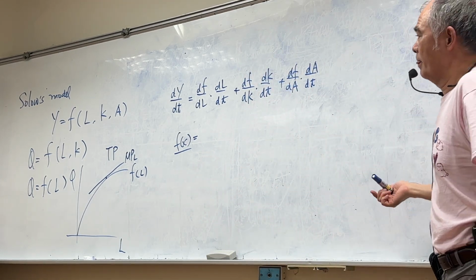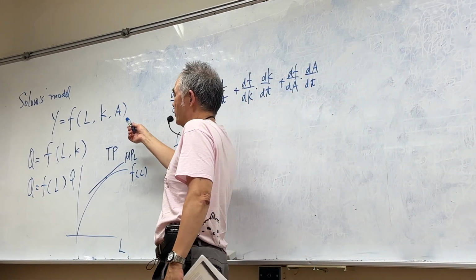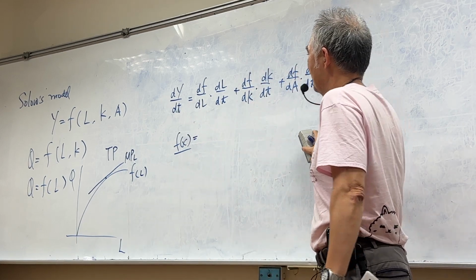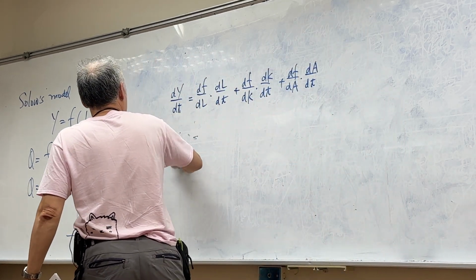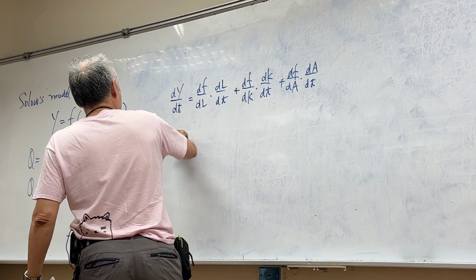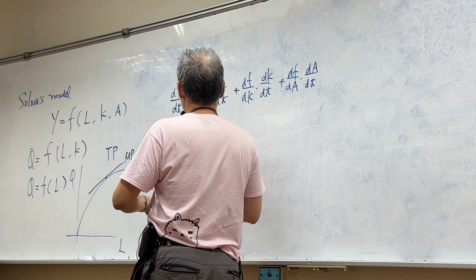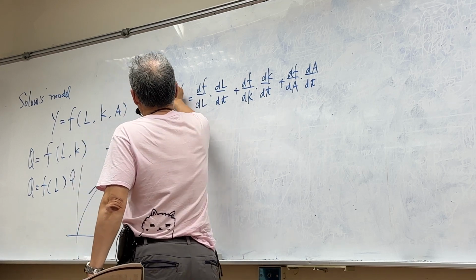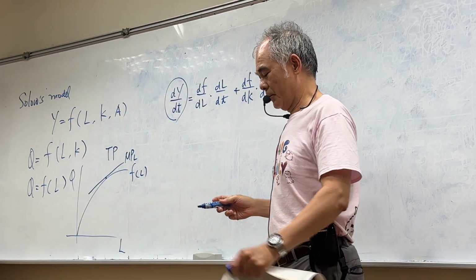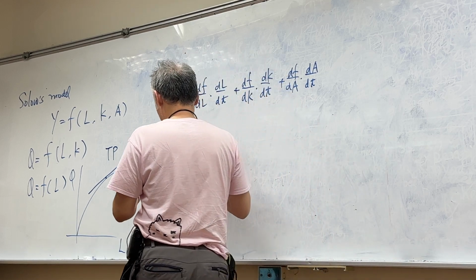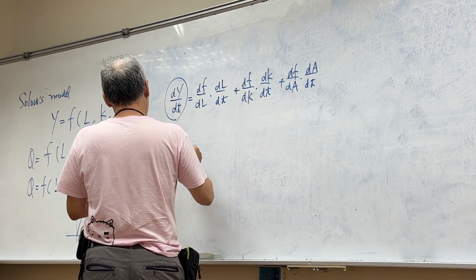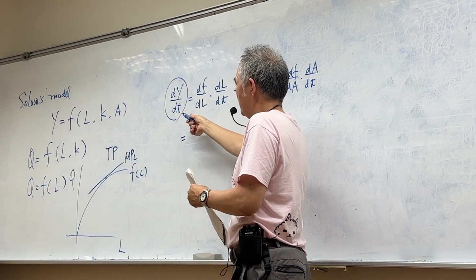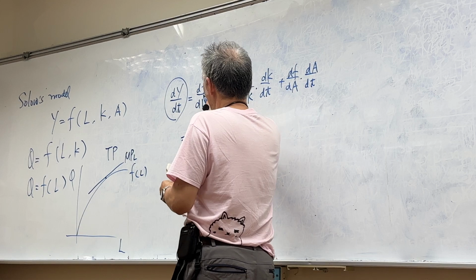So first of all, we differentiate the production function with respect to t, and this is what you get. And what is this? We change this notation, anyway, we're going to do that later. So we're going to change the notation a little bit later. And so what is this?